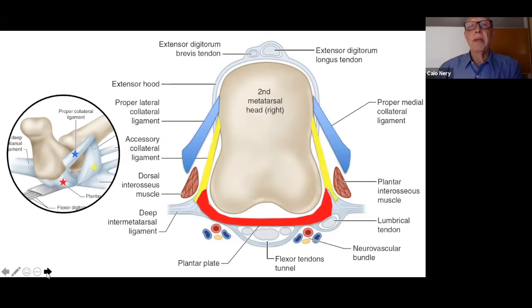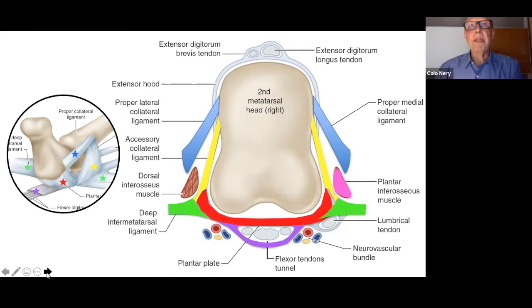The accessory collateral ligaments originate from the same metatarsal tubercles and insert directly onto the medial and lateral borders of the plantar plate. From both sides, the plantar plate receives connections from the deep transverse intermetatarsal ligaments, and on the underside serves as a ceiling and anchor for the fibrous flexor tendon tunnel.